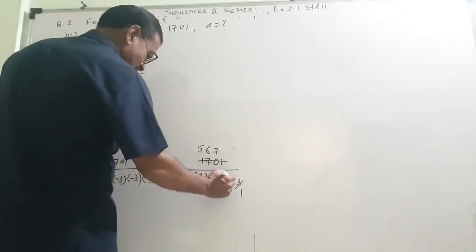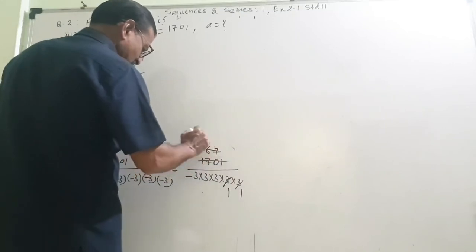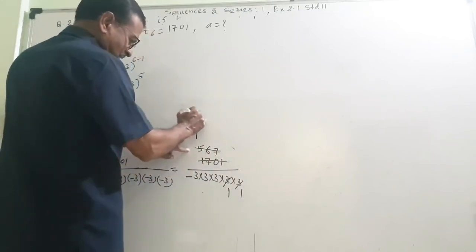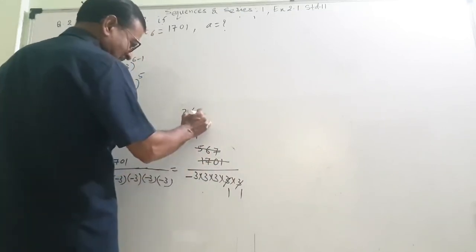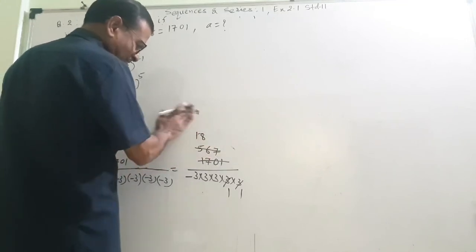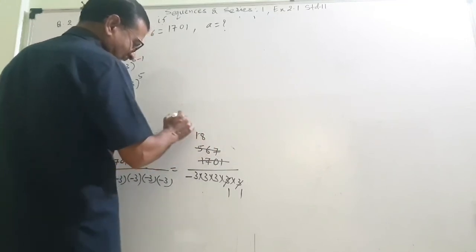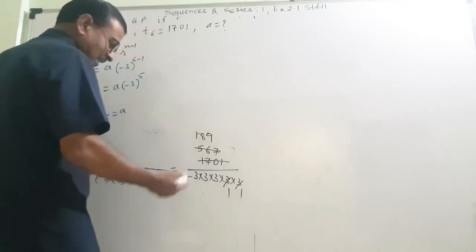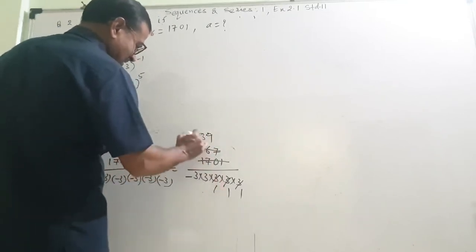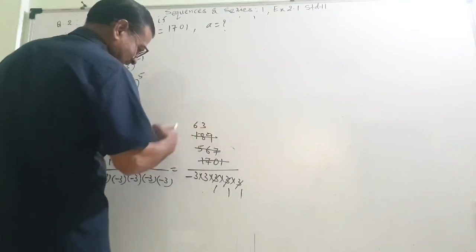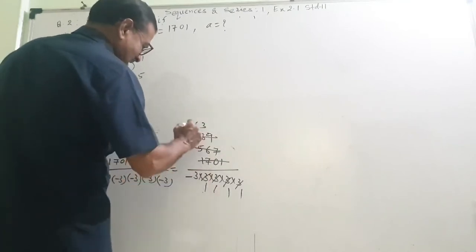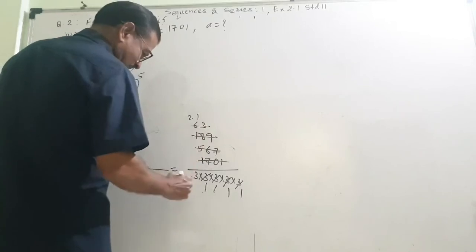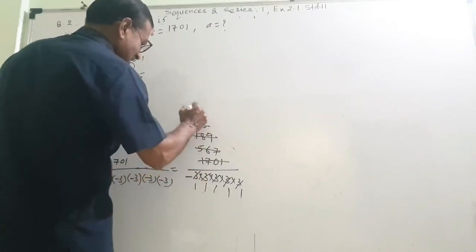So by this 3 I will. 3 1s are 3, remains 2, take this 6. 3 8s are 24, remains 2, take 7, 3 9s are 27. Then again by this 3, 3 6s are 18, 3 3s are 9. Then 3 2s are 6, and 3 1s are 7.